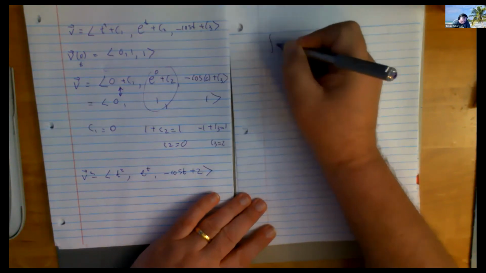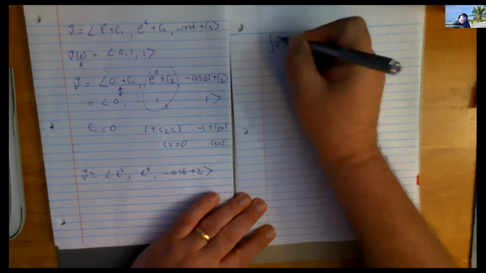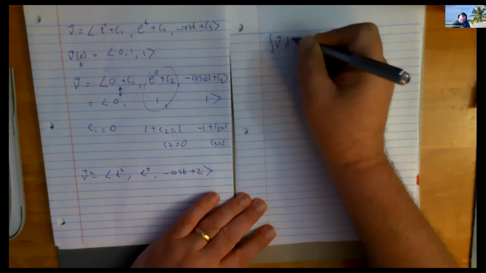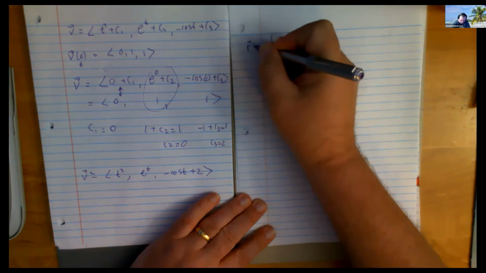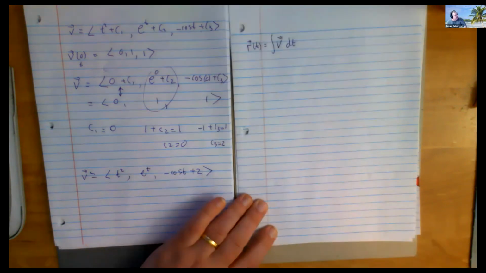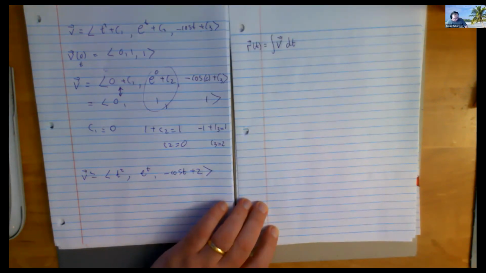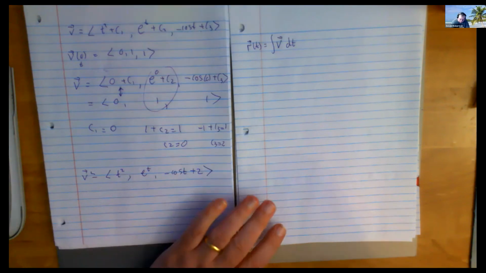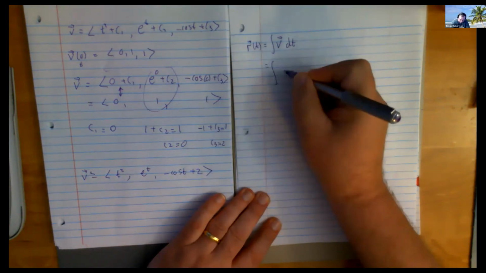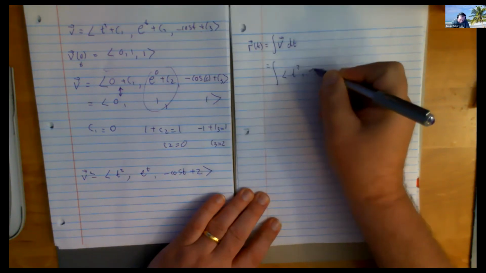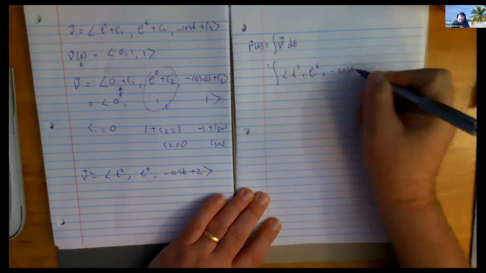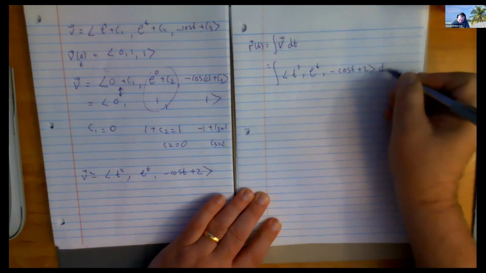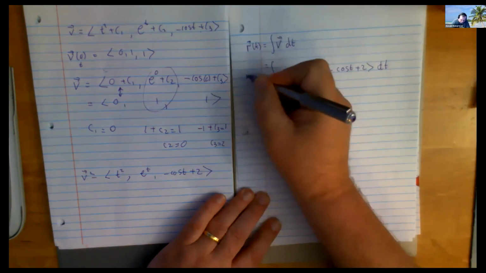If you integrate the velocity vector, won't you get the position vector? So I now use this as my starting point. I'm going to integrate t squared, e to the t, and negative cosine t plus 2. And that's going to be my position vector.